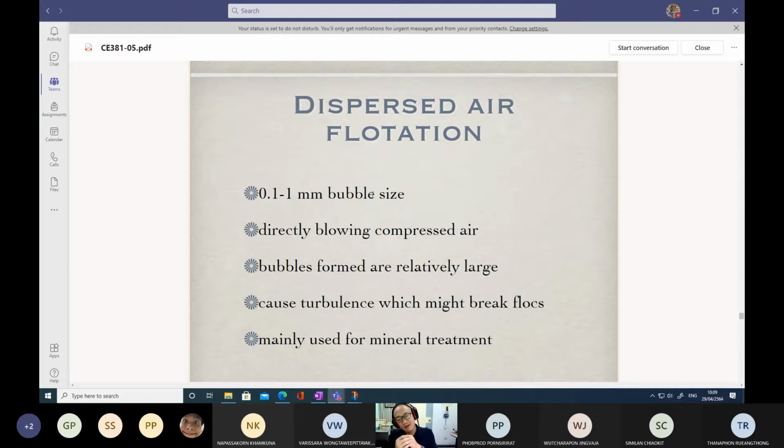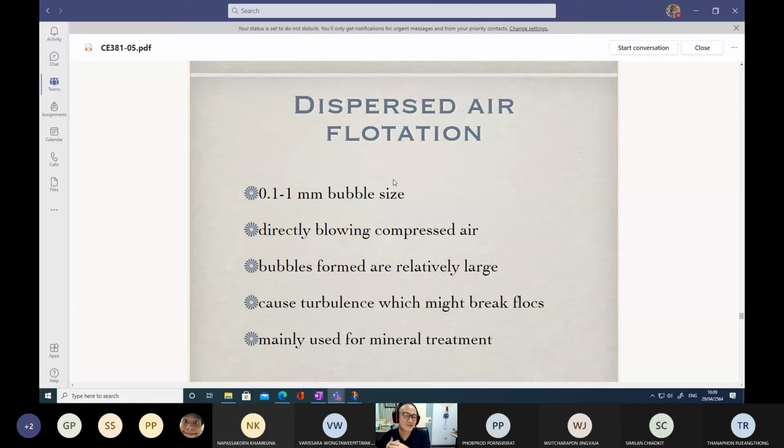Whenever we blow the air, as the bubbles move up, one bubble may combine with another bubble and become even bigger. When it comes out from the air nozzle, the size could be 0.1 to 1 millimeter, but when it moves up, one bubble will combine with other bubbles and become bigger.